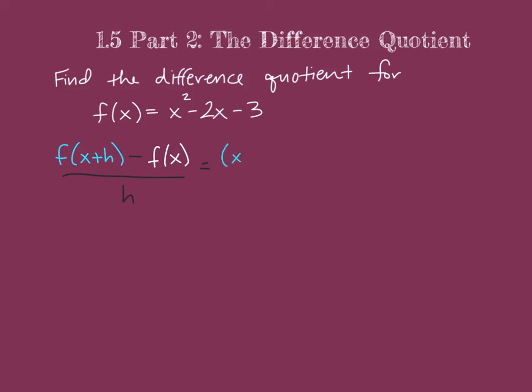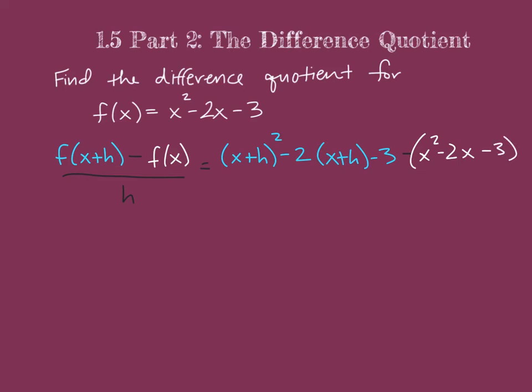So we'll have x plus h squared minus 2 times x plus h minus 3. Then we're going to subtract our original function. So we'll do minus our original f of x, and again, it needs to go in parentheses, because anytime in math when you're subtracting something with more than one term, you need to put parentheses.